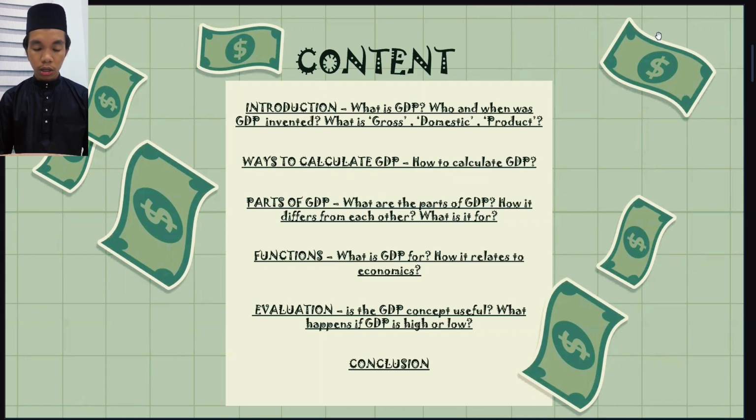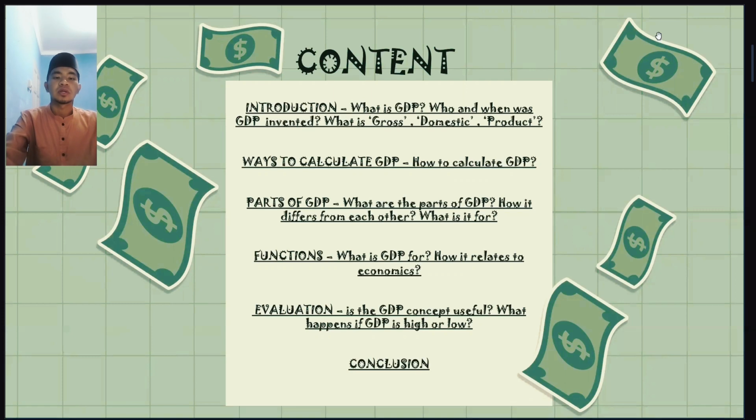And lastly, we will explain if GDP is useful and what it means to have a high GDP and a low GDP, and whether a high GDP always means better living standards and a low GDP means low living standards, and so on. So we move on to the next part of this presentation, which is the introduction.